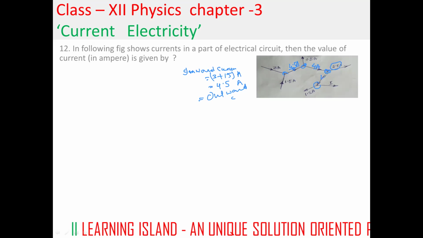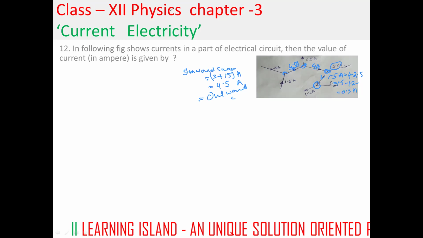So in this direction, current moving would be 1.5 ampere. How? It is 4 minus 2.5. Now for this junction, 1.5 ampere is inward current. So 1.2 is going outward. So in this direction, it would be 1.5 minus 1.2, that is 0.3 ampere. So hope it is clear.